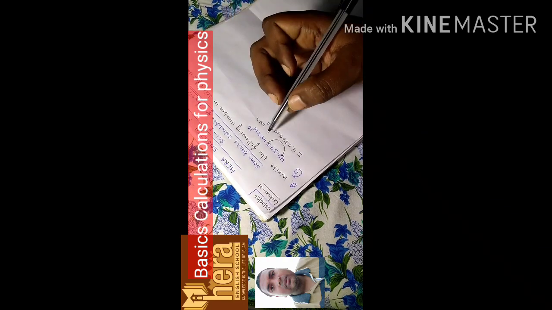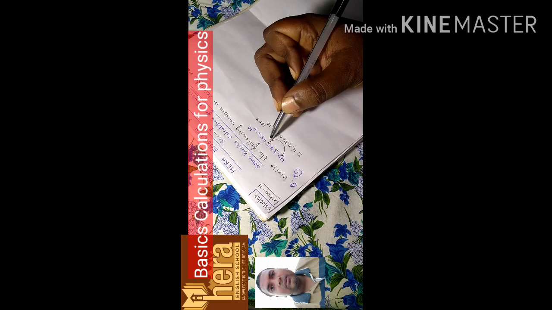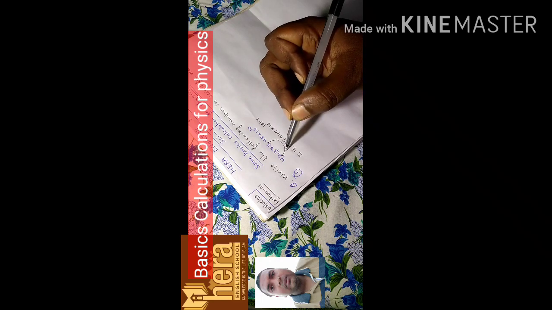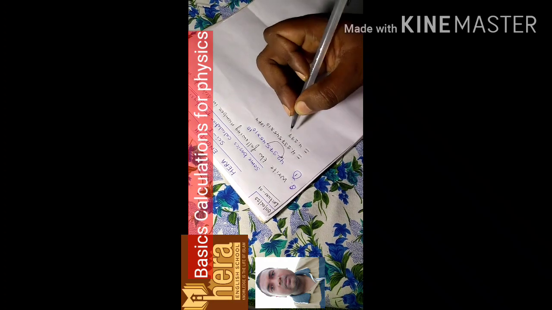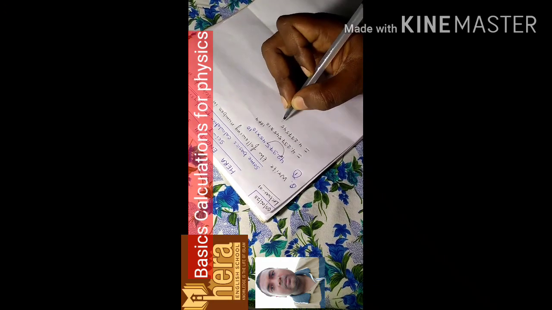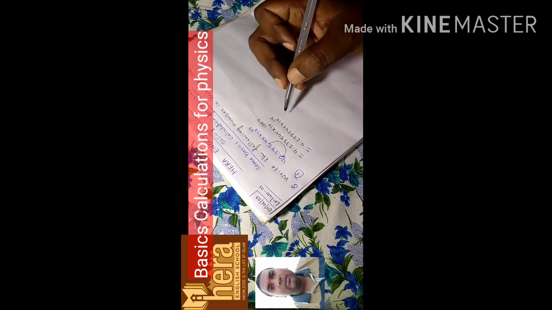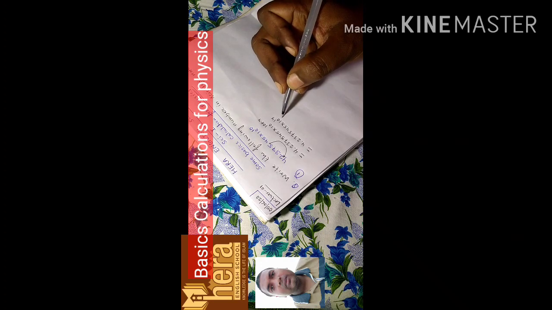If you shift a decimal from right-hand side to left-hand side, then you have to add. Here you have shifted 4 digits, so you add plus 4. This number will be equal to 4.237545 into 10 raised to 14. This number is in scientific notation.